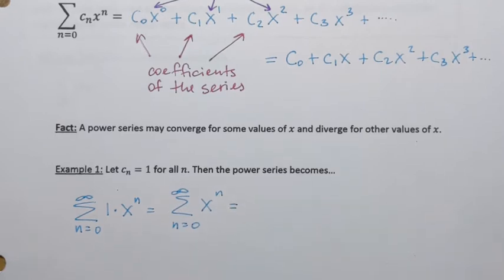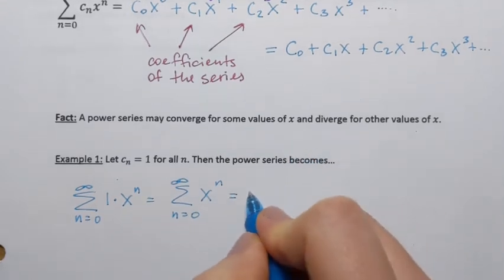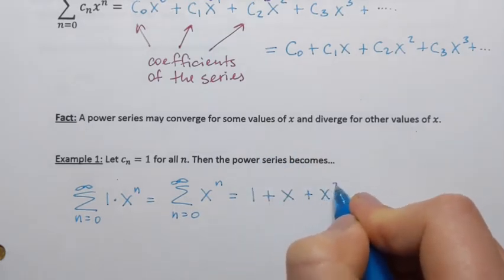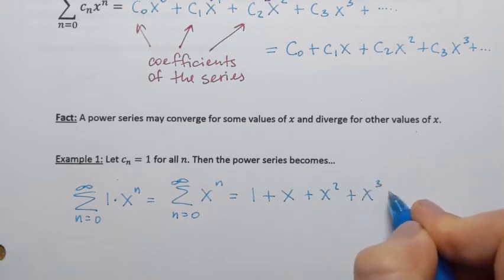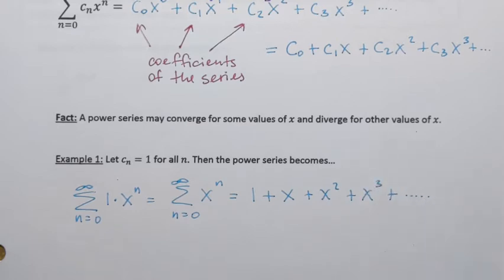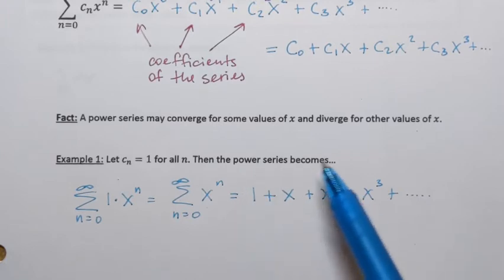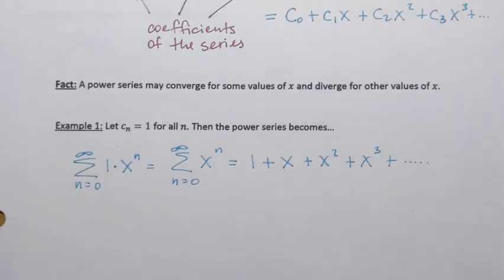So if I expand it, it's going to look like this. X to the power 0 is 1, x to the power 1 is x, x to the power 2, x to the power 3, and so on and so forth. And once again, depending on what the x value is, this series may converge or it may diverge.